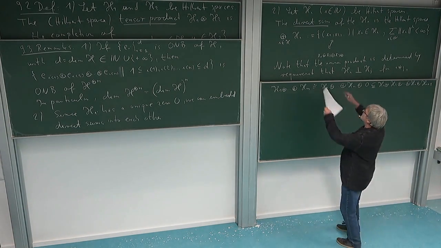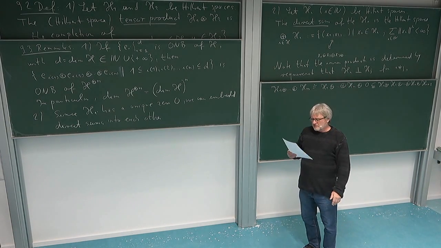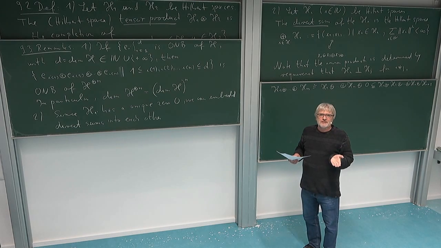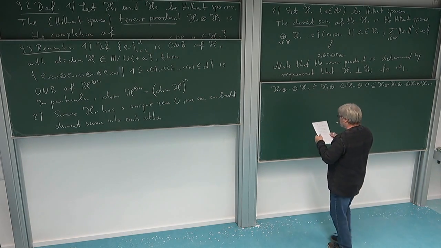Okay, so I can embed all those Hilbert spaces into each other, and then I can also understand the direct sum of infinitely many as a kind of limit, or a completion of all the finite ones, where the finite ones are sitting inside each other according to this.